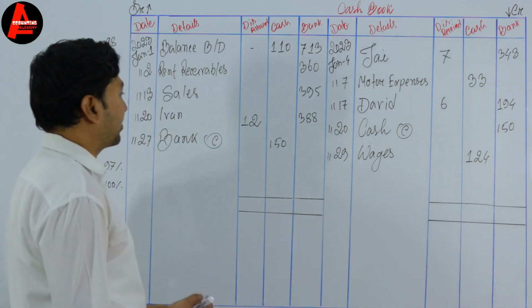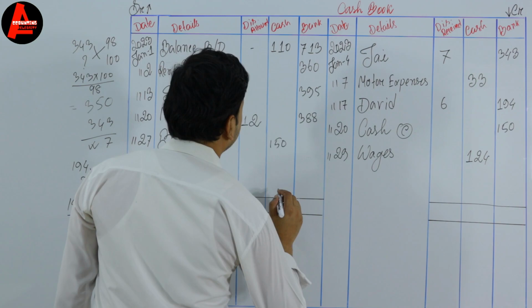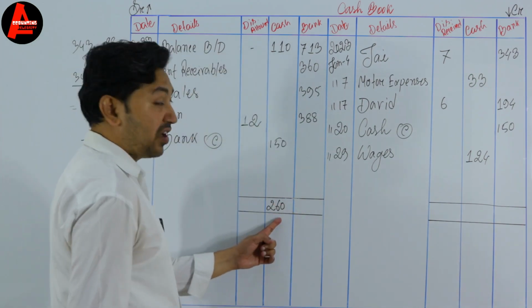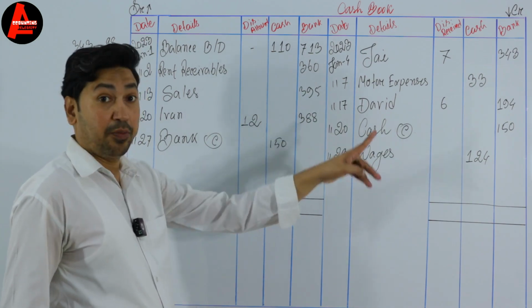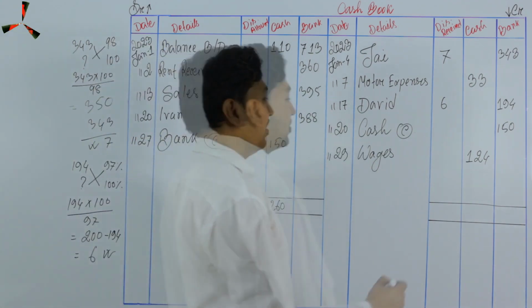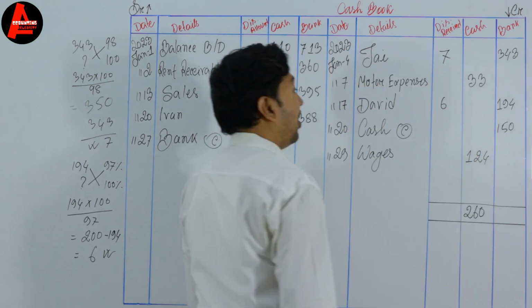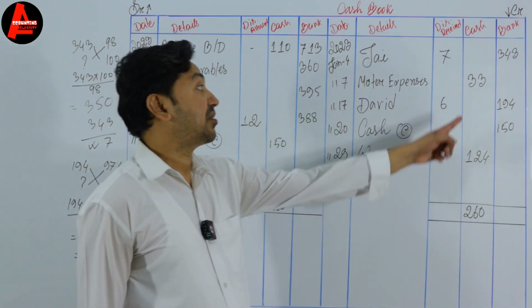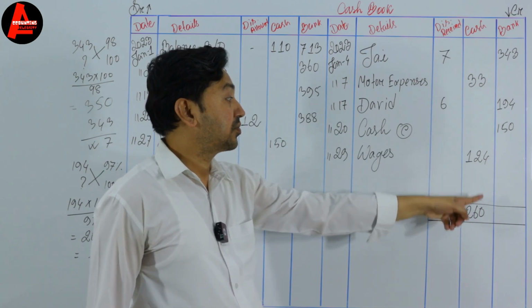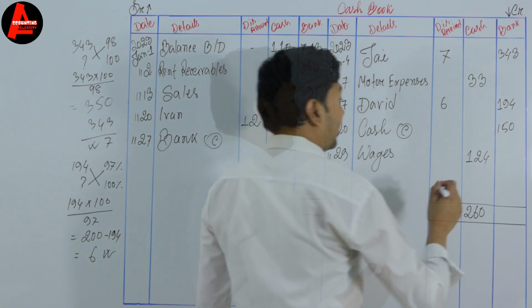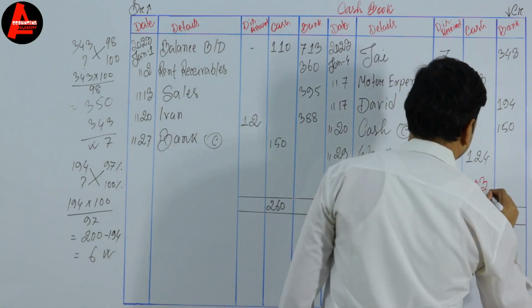So let us sum up the debit column first. We get $260. We will take this total to the opposite cash column, so let us write 260 here. Now we will subtract all these amounts from this total, and we get $103.